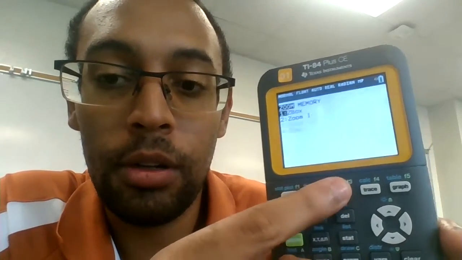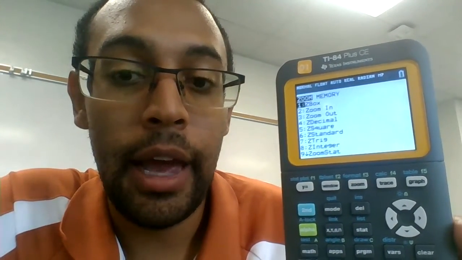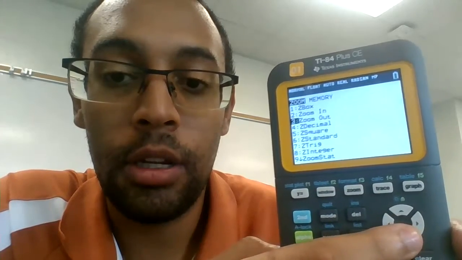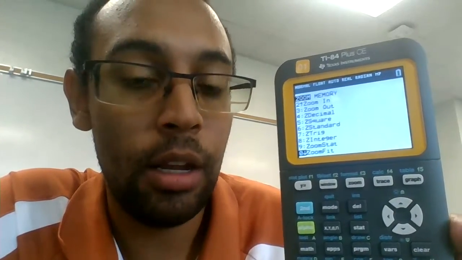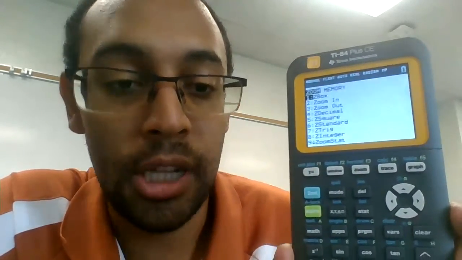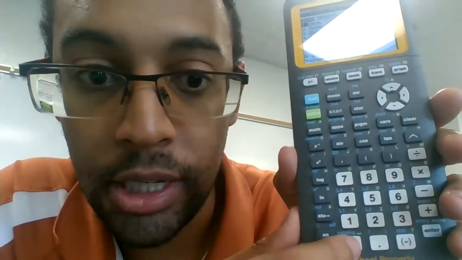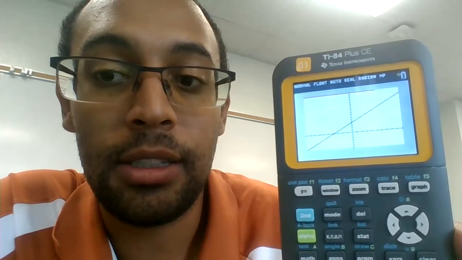To fix that, go to zoom, and you'll scroll down to option 0, zoom fit. As soon as you open up zoom, you can push 0, and it will automatically resize it so the graph fits.